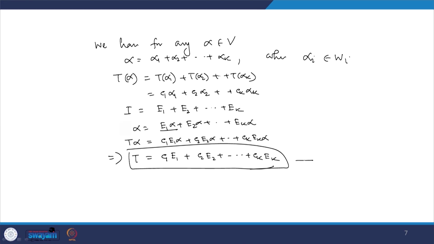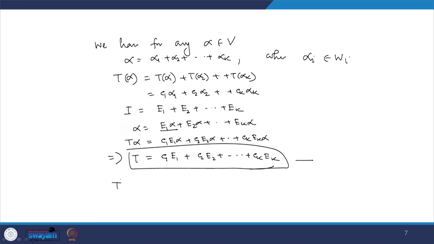So, certainly E1, E2, Ek one will be able to express as a linear combination of T to the power 0, T to the power 1, T to the power 2 and so on, I mean a basis of the L(V, V). But for this diagonalizable operator case we can show that the projection operators have typical simple structures. What is that? That I am showing here. Suppose T is diagonalizable, then I see that T is of these structures.